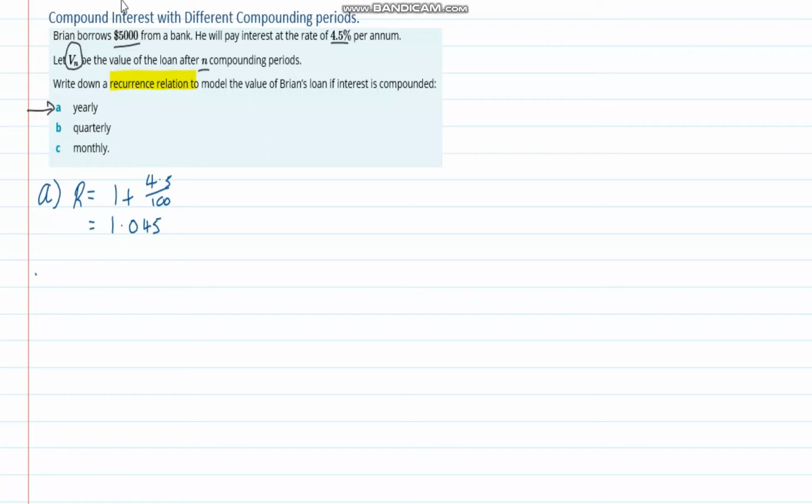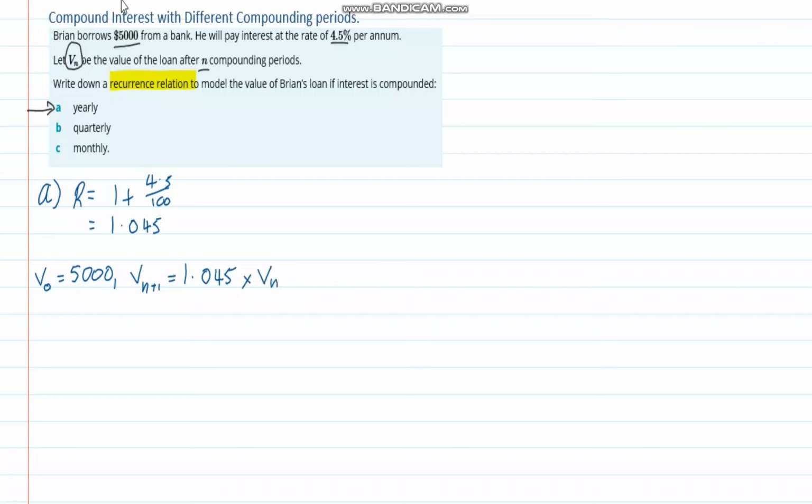So we know we've got to mention V0. That's equal to $5,000, the initial amount that Brian borrowed, and Vn plus 1 is equal to 1.045 multiplied by Vn.